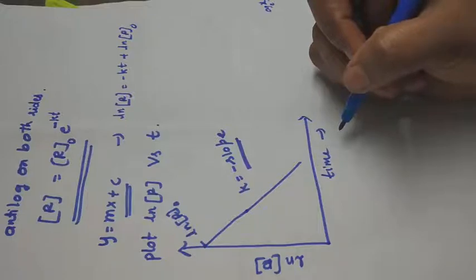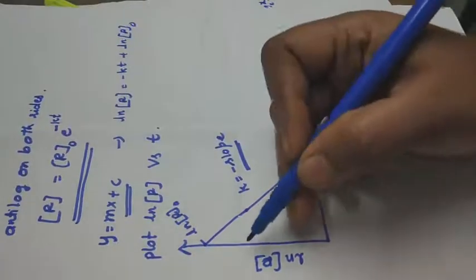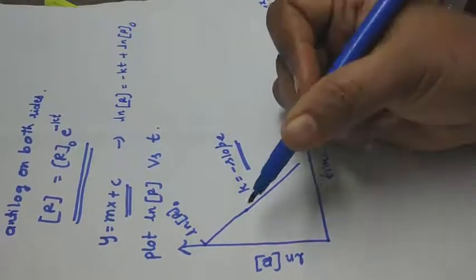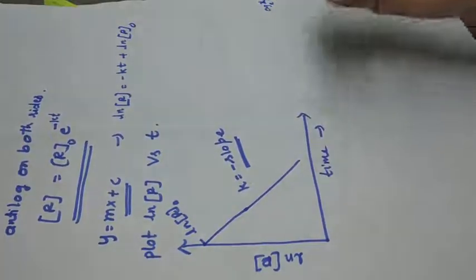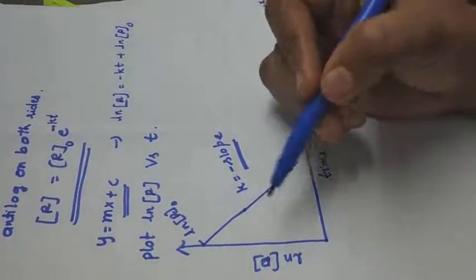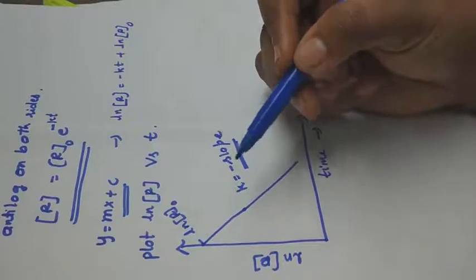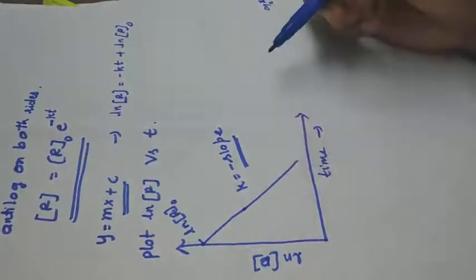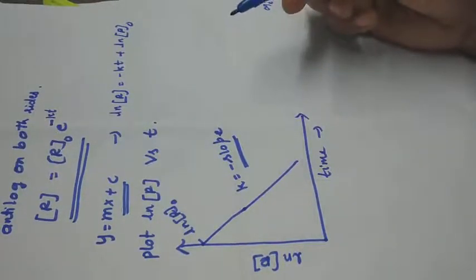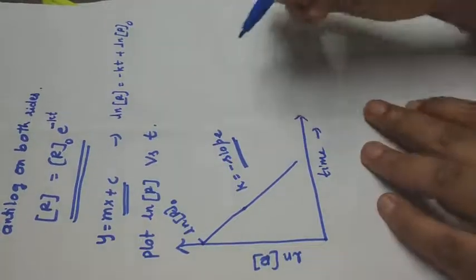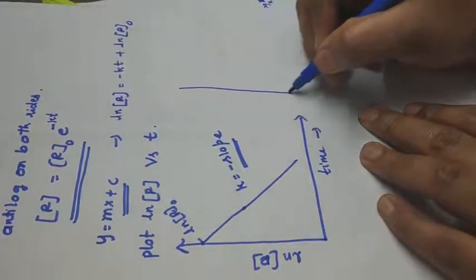As time passes, the concentration of a reactant decreases. If we plot the graph of ln r divided by r naught with time, we get the slope of k divided by 2.303.